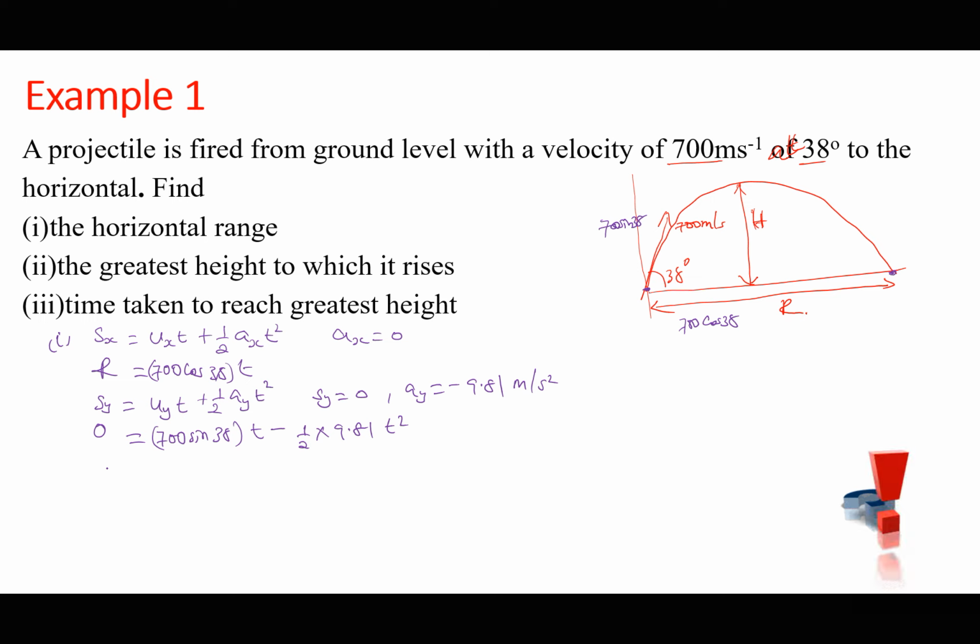So solving for t, one t cancels out. So I will say 2 times 700 sine of 38 divided by 9.81. So the value of t is going to be 2 times 700 sine of 38 divided by 9.81.